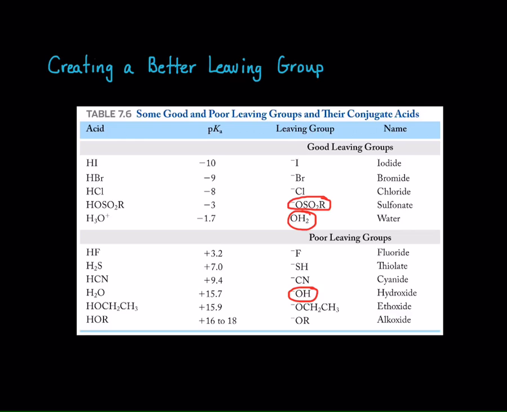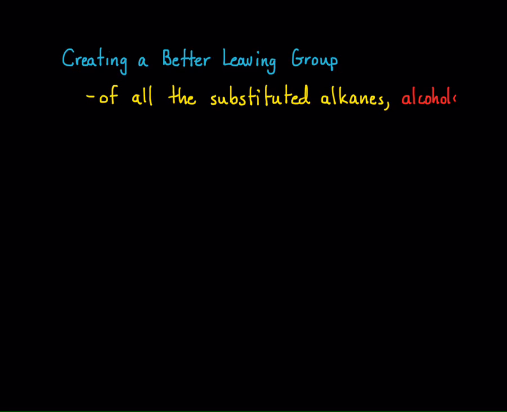Now, why would we want to do something like this? Well, because the essence is we want to create a better leaving group. If you take a look at all of the substituted alkanes, alcohols are cheap and widely available, and therefore they become very good starting materials.